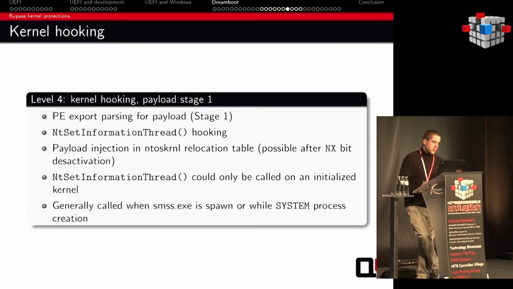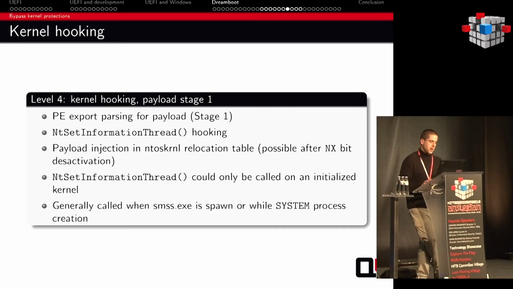My idea is to break on this function because it could only be called on an initialized kernel. Generally, this function is called when the first userland processes are spawned, typically the Session Manager Subsystem process, SMSS.